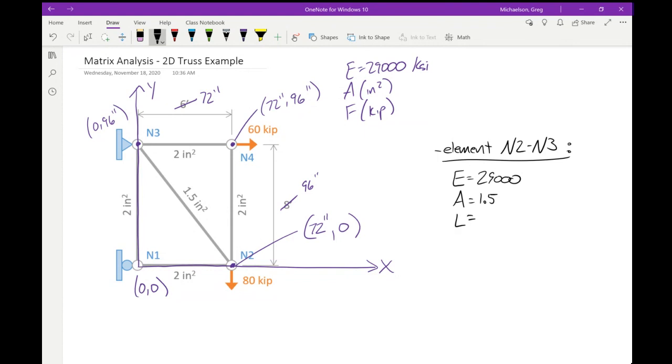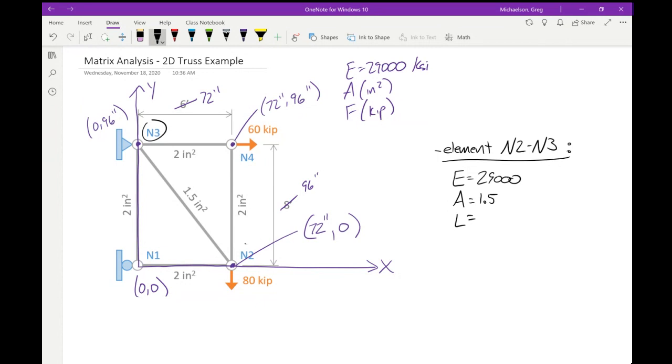But does anybody know how long this member is? N2, N3.